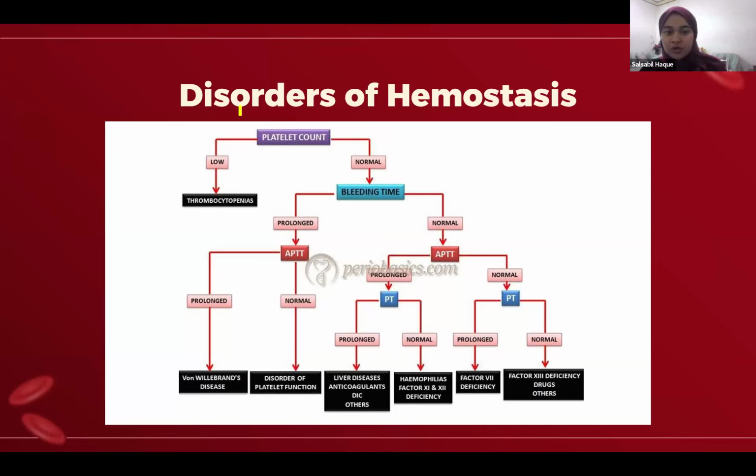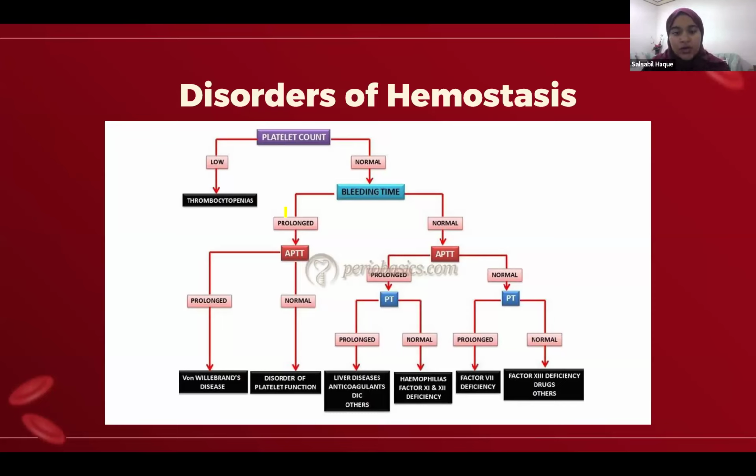That means it's mainly a platelet function disorder, or something affecting adhesion or aggregation of the platelets. So it's not really going to the coagulation cascade yet, because bleeding time depends on the platelet plug formation, which is before the coagulation system is activated.